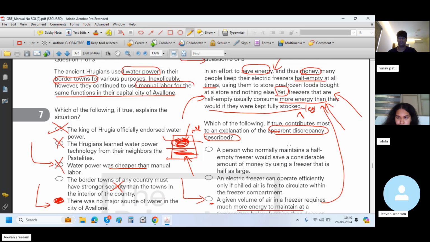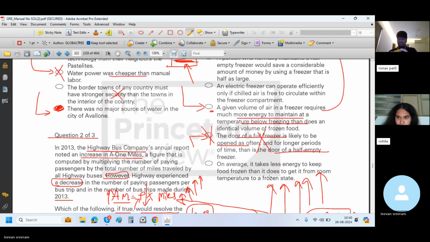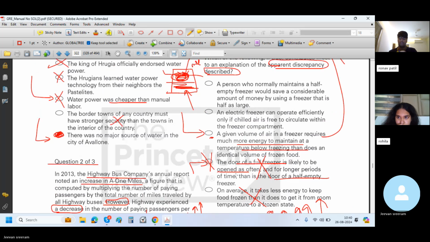But full freezer versus half empty freezer, it should have been given more clearly. On average, it takes less energy to keep food frozen. Rohila, have you understood why this is correct? Yes, sir. Okay.